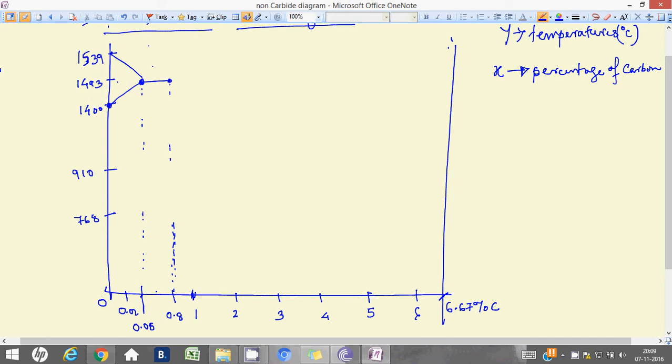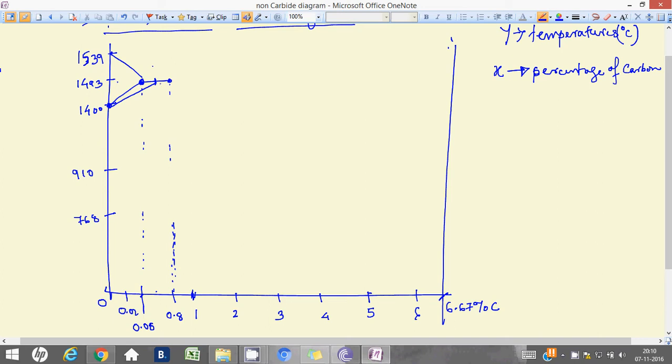Next, we will take a certain point on this line and join it. It should be between 0.08 and 0.8 percentage of carbon.